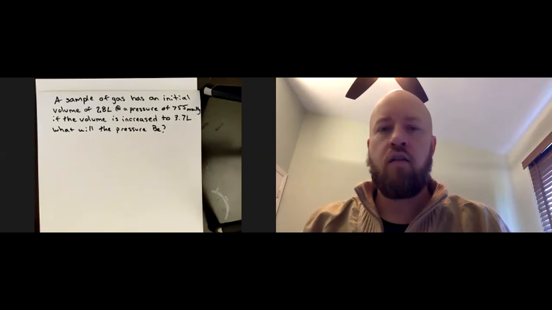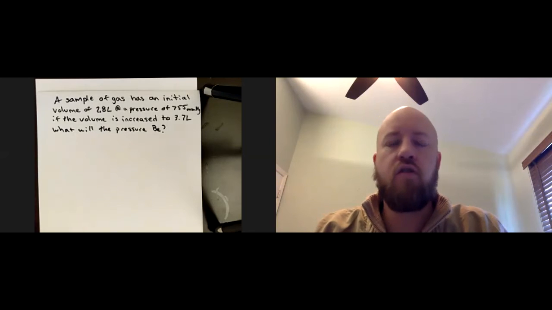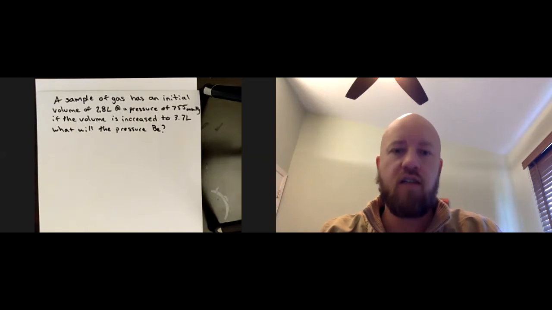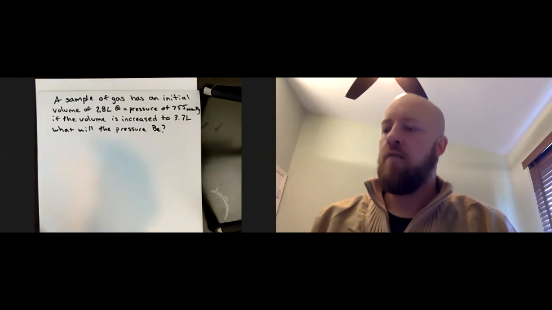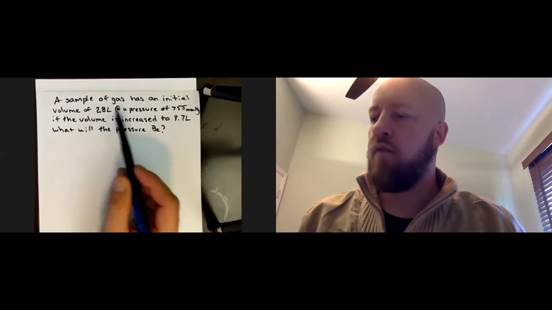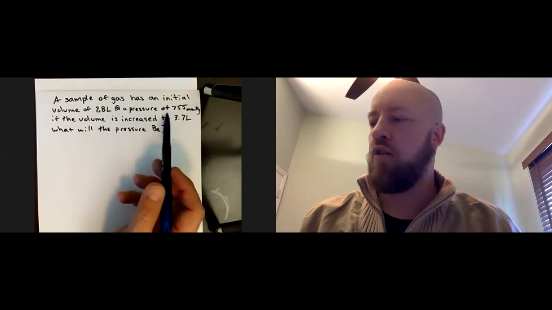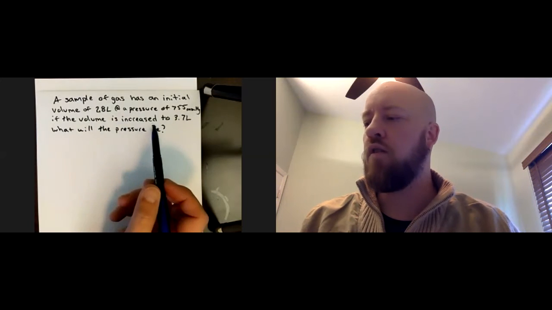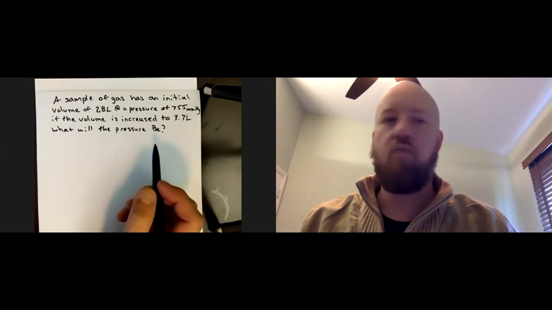In the beginning of the gas chapters, usually they talk about things like Boyle's law or Charles' law, and the ideal gas law are considered some of our simple gas laws. So here we have a sample of gas that has an initial volume of 2.8 liters at a pressure of 755 millimeters of mercury. And if the volume is increased to 3.7 liters, what would the pressure be?